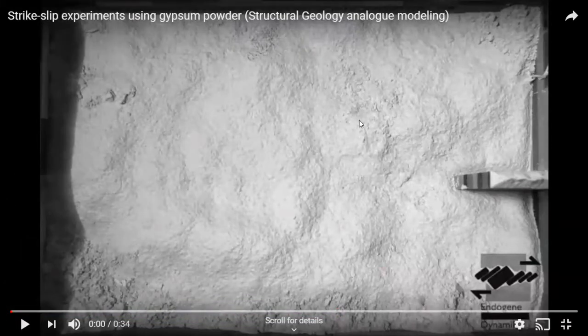So in this experiment, it's a structural geology analog modeling experiment. They have a more competent layers underneath gypsum powder, and as they move these blocks, we'll see what will form at the top gypsum powder layer.